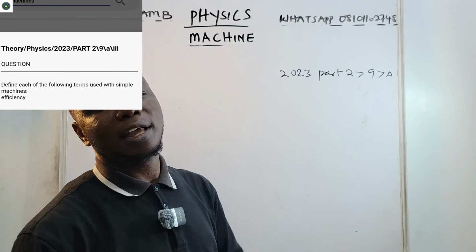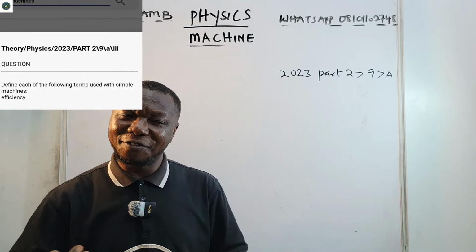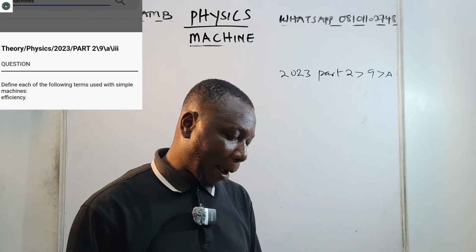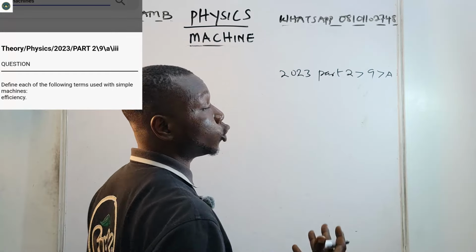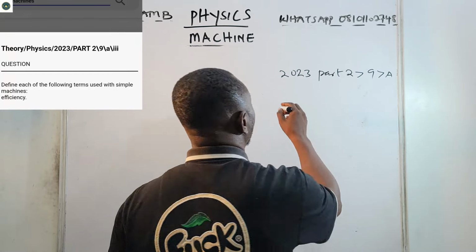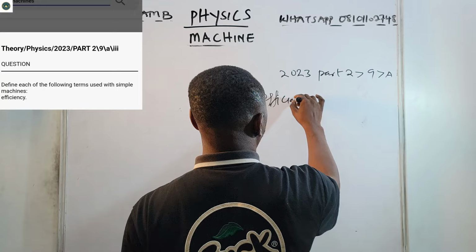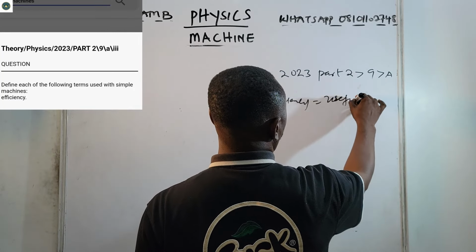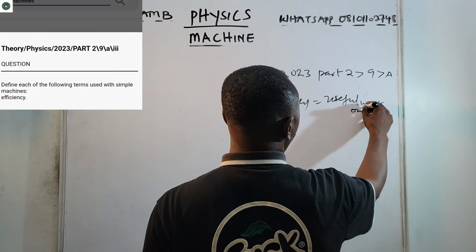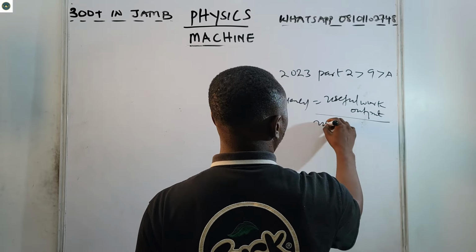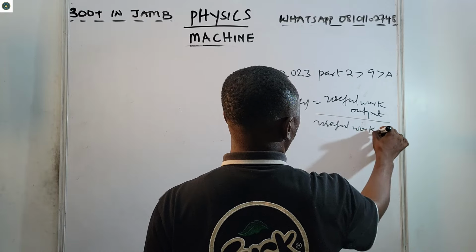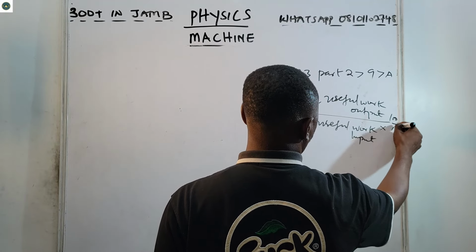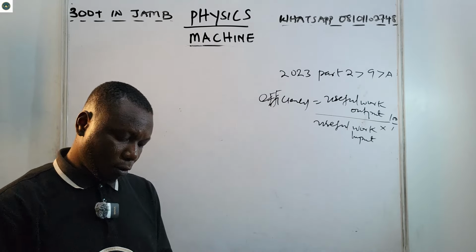What is the efficiency of that machine? How is it able to perform that work? So we know that efficiency is useful work output over useful work input, times 100% over 1.